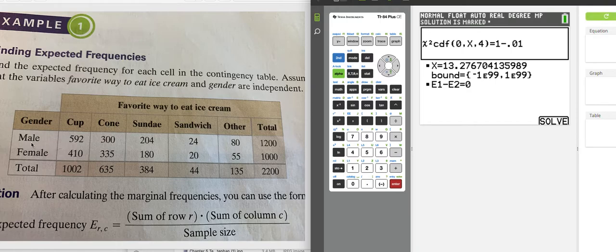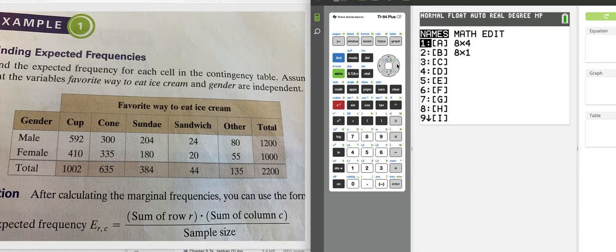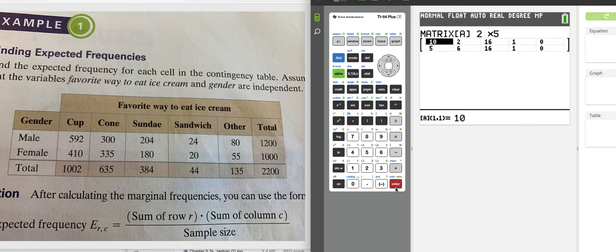When you get to these problems, you're going to put the data that you observe, and this is the data we observe, into matrix 1. We're going to use matrices for these problems. So you go to matrix 1, or matrix A, edit, and this matrix is 2 rows by 5 columns. So I'm going to go 2 by 5, and then enter in all this data.